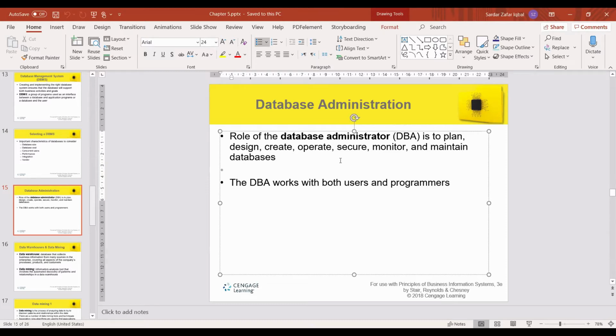Maybe there are 4 passwords for one database, and every password has more privilege. The senior database administrator can do anything with the database, but the junior database administrator maybe cannot do all functionality because of privilege level. Okay, is that clear, guys? Yeah.